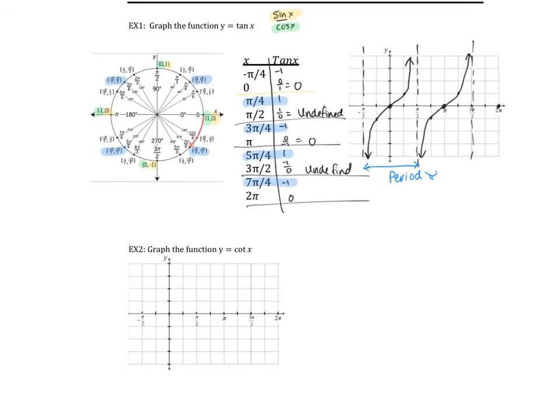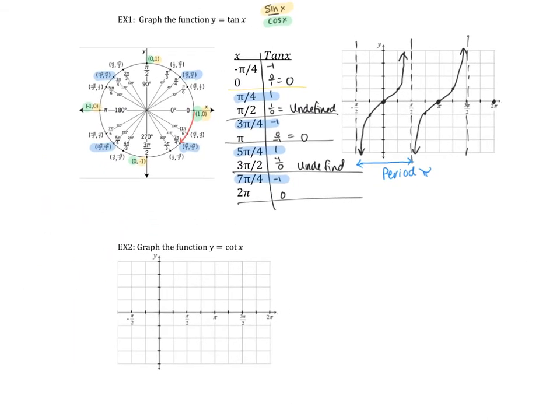Okay, so for cotangent, it's very similar. Cotangent is our cosine over our sine. And so on the unit circle, where is sine 0? Sine is the y values, and so that happens at 0 and pi.